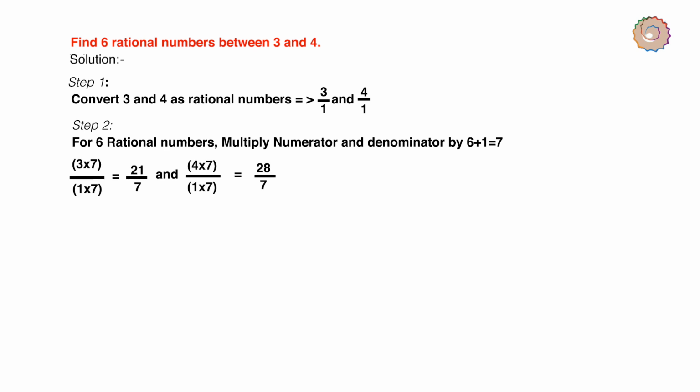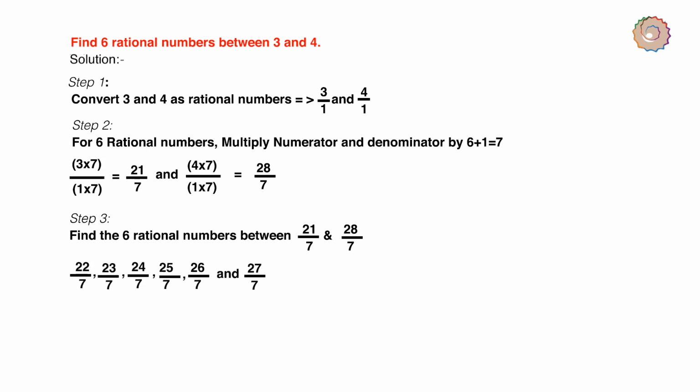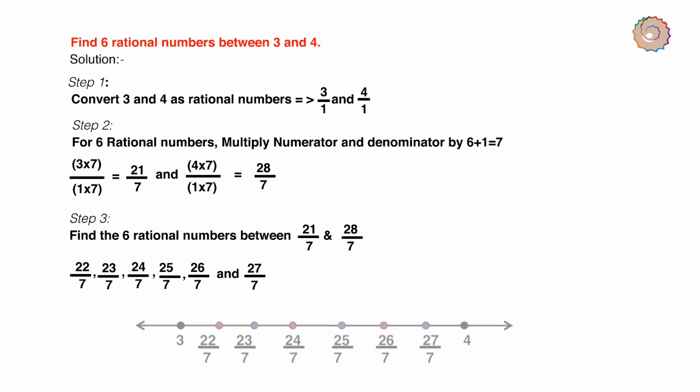So 3 by 1 becomes 3 into 7 by 1 into 7, which is equal to 21 by 7, and 4 by 1 becomes 4 into 7 by 1 into 7, which is equal to 28 by 7. So now it is easy to find 6 rational numbers between 21 by 7 and 28 by 7, that is 22 by 7, 23 by 7, 24 by 7, 25 by 7, 26 by 7 and 27 by 7.